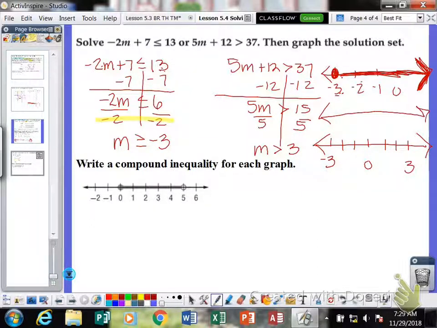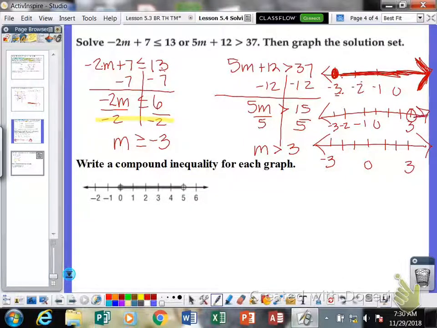So my second graph is going to look like -3, -2, -1, 0, 1, 2, 3. I'm going to have an open circle this time, shaded to the right. Now, it's an or. Remember, if it's an or, we want to union them together.